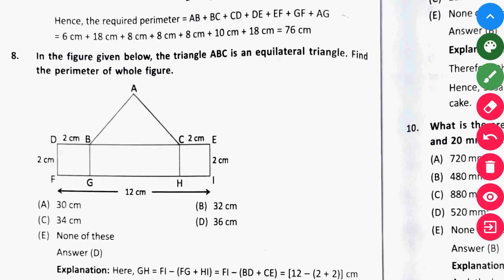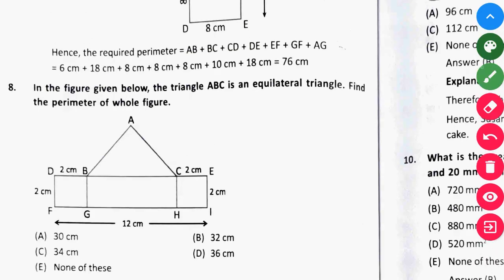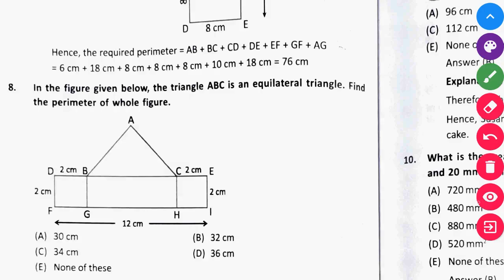In the given figure below, ABC is the equilateral triangle. Find the perimeter of whole figure. Now see, the triangle is equilateral triangle, means all the sides are of equal length. Now this whole side length is given to us, which is 12 centimeter. So this BC is equal to 12 minus 2 means 12 minus 4. So 8 centimeter.